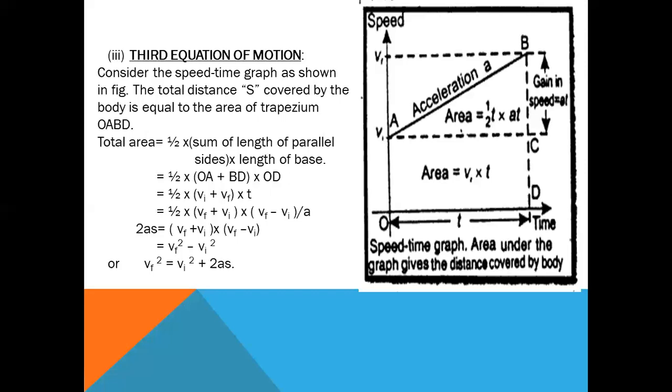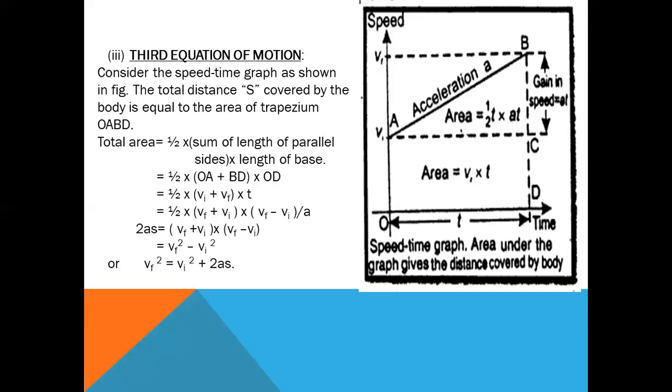So replacing t by this factor, we multiplied on left side by 2 and a. So in the second last step, we see 2as is equal to Vf plus Vi times Vf minus Vi.